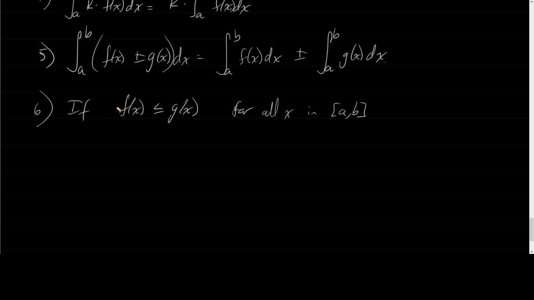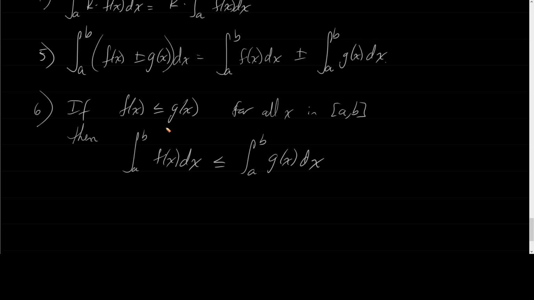Assuming, of course, that both f and g are integrable, then the integral from a to b of f of x dx would be less than or equal to the integral from a to b of g of x dx. All right, and this is assuming that they're integrable, so they have to be non-negative, right? In here, both f and g need to be non-negative functions over the entire interval.